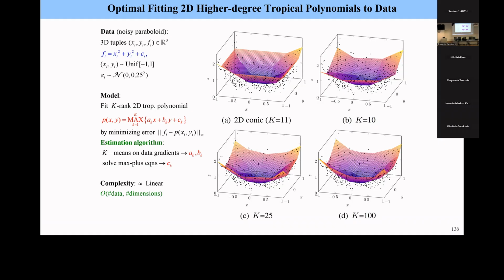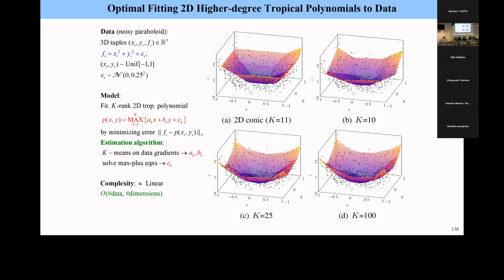The first part employs the k-means algorithm on the data gradients to find the slope vectors ai, and then it uses the closed formula algorithm to find the optimal intercepts ci. And again, the complexity is linear, both in the number of data and in the number of dimensions. So it's a fairly fast algorithm.